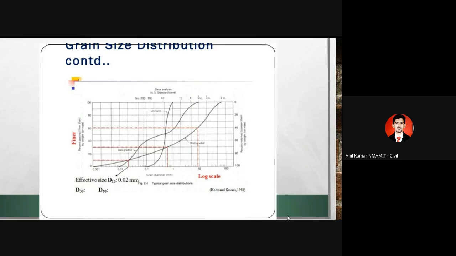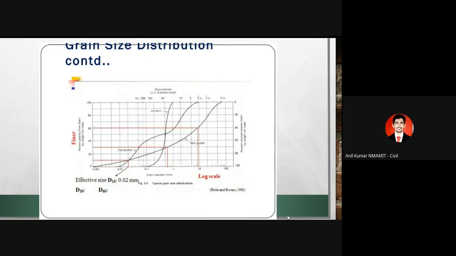A well graded soil sample is a soil sample which comprises all the sizes of particles with respect to the given soil sample. It may have 1 mm, it may have 2, 3, 4, 5, all varieties of soil particles in the given soil sample.